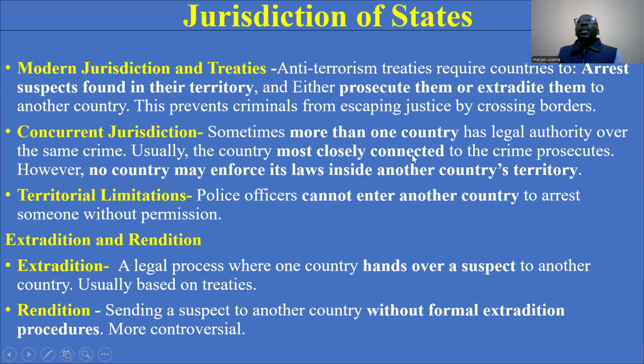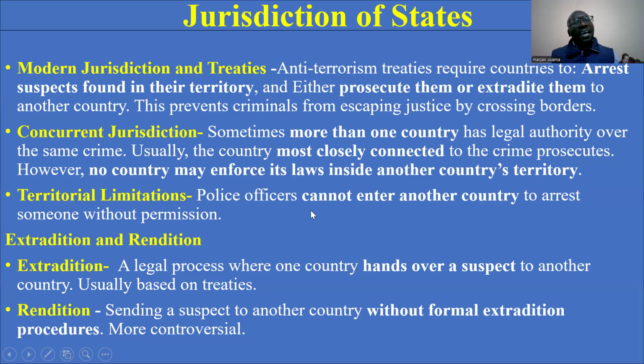So sometimes a crime happens between two countries, country A and country B. What we normally do is use the laws of the country that is closest to the crime.